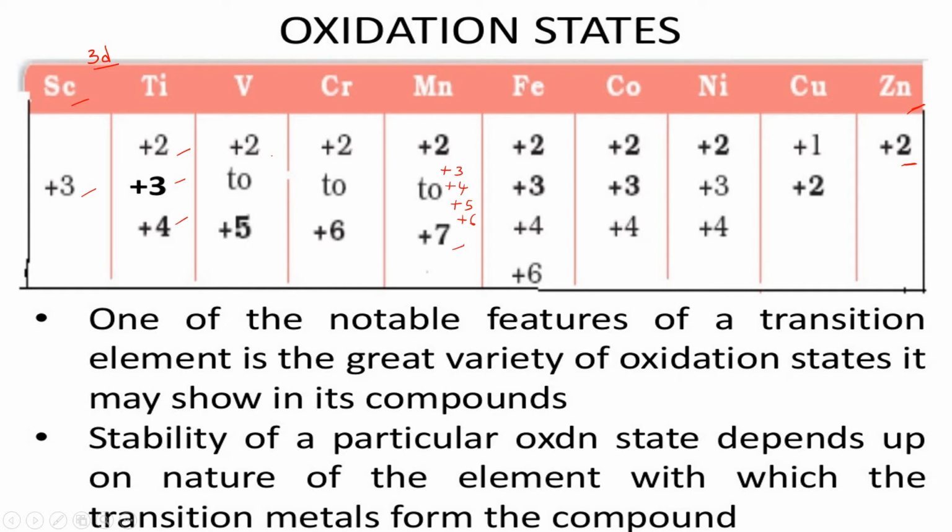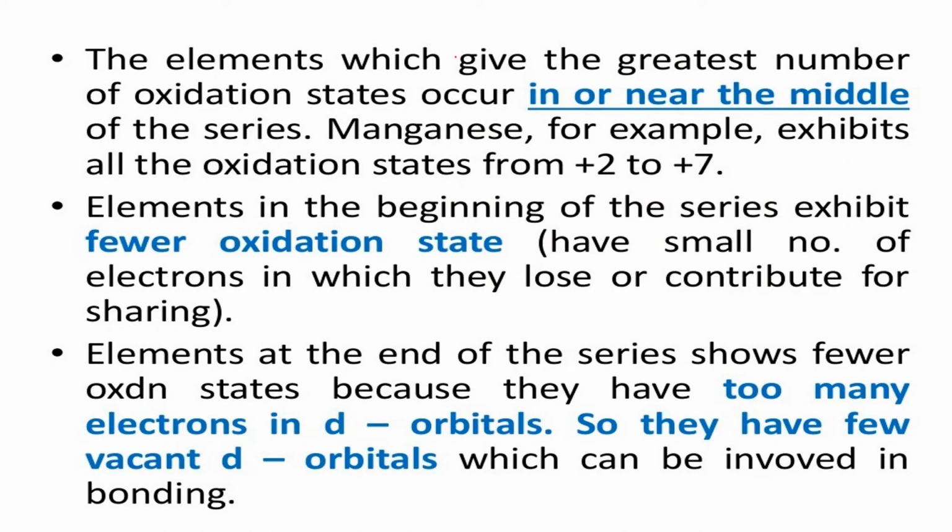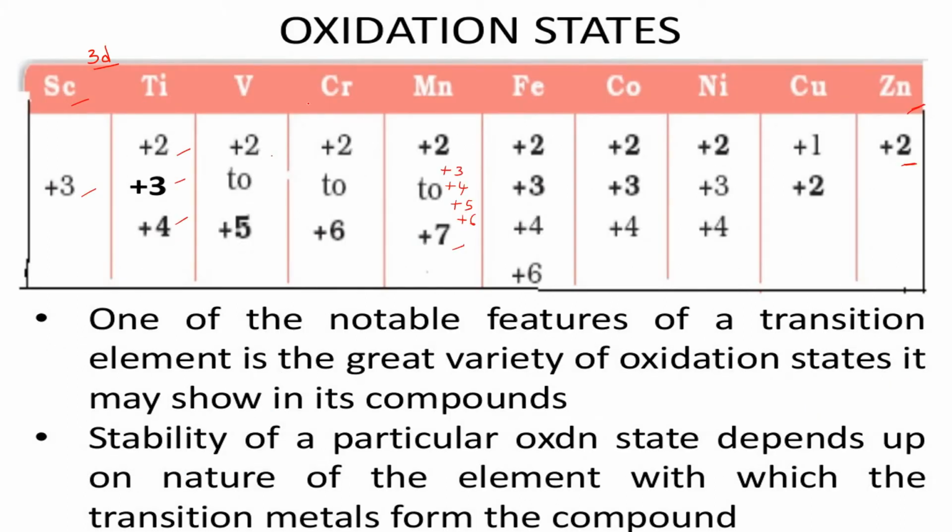Now, why are these numbers of oxidation states exhibited? We discuss it in the next slide. If you observe here, we have three types of elements. Scandium is a starting element. Copper and zinc are ending elements.